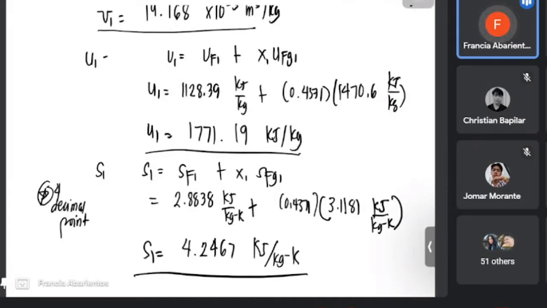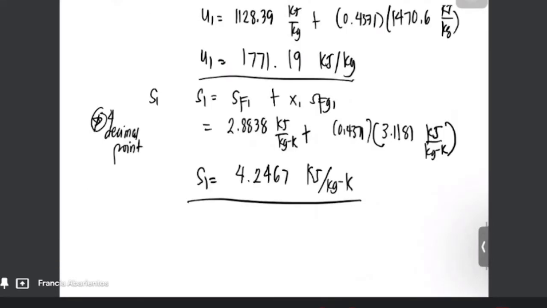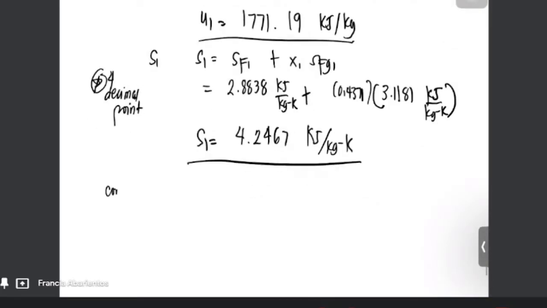Okay, so if we read again the problem, what is now the property, the state at point 2? We all know, sabi sa problem, constant volume. Bakit? Sabi, may word na rigid container.